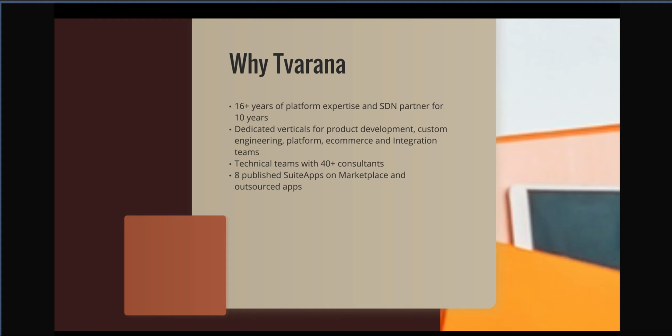We have dedicated verticals for product development, custom engineering, platform, e-commerce, and integration teams, which covers the breadth of NetSuite expertise.